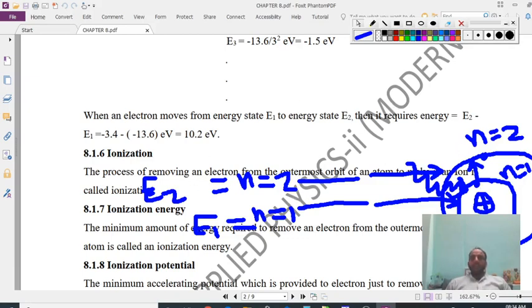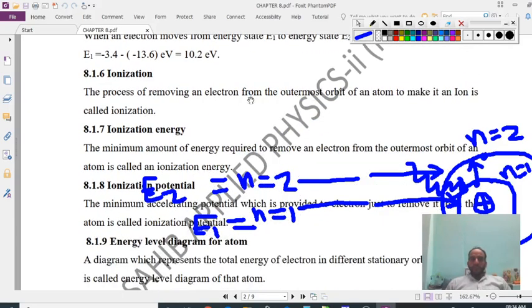Next is ionization. The process of removing an electron from the outermost orbit of an atom to make it an ion is called ionization.